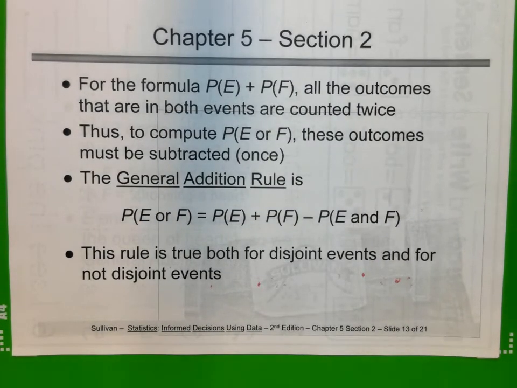Okay? For the formula, probability of E plus F, all the outcomes that are in both events are counted twice. Thus, to compute E or F, these outcomes must be subtracted once.